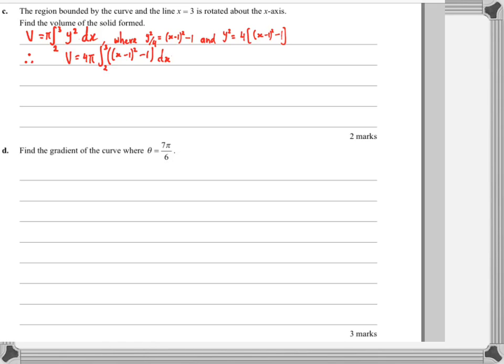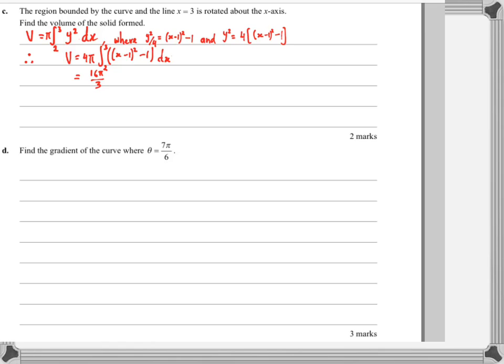Then using that integral, we just evaluate it on the CAS and get our result. All you need to do is set up your integrals and write them in the space provided on the paper, and then all the calculations can be done in the CAS. You don't necessarily have to show the working steps for solving an integral. Make sure you use that CAS wisely.